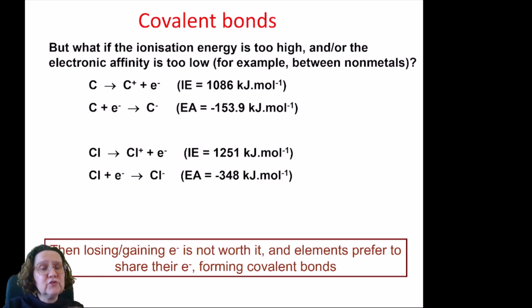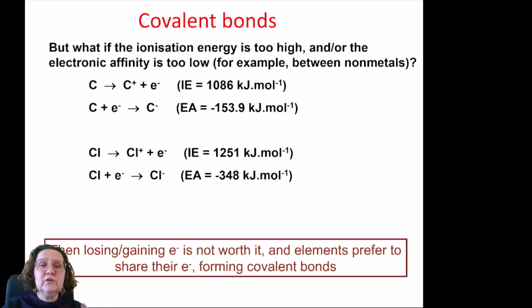So carbon is not going to particularly like to become positively charged. On the other hand, you can think, okay, well, it could become a negative anion. However, if you look at the value, minus 153.9, it's around half of what you would have if you had another atom that would find it much easier, for example, chlorine.